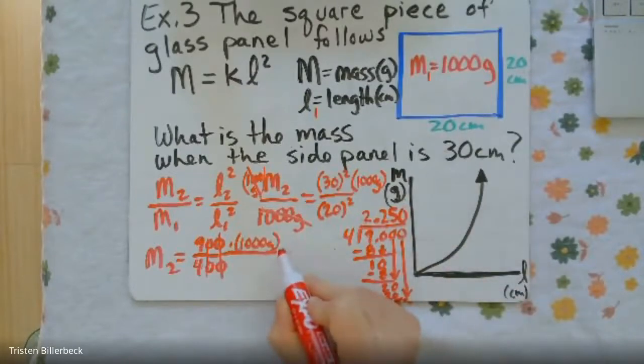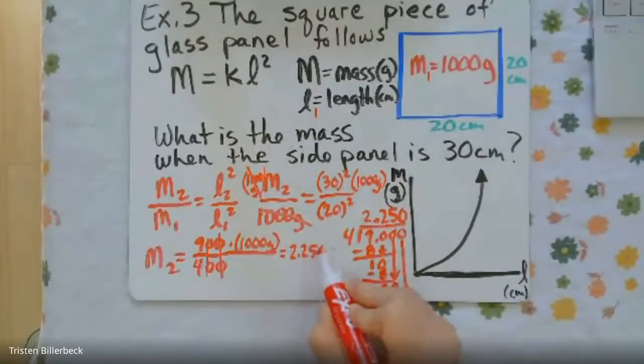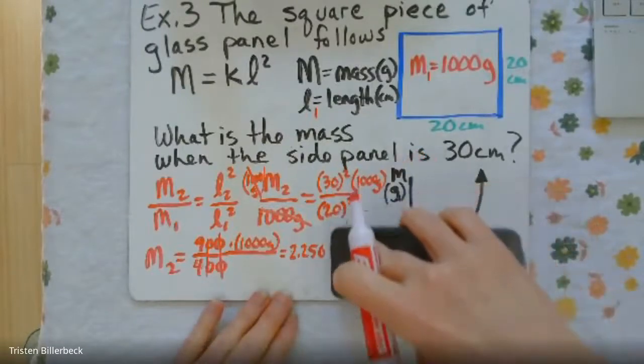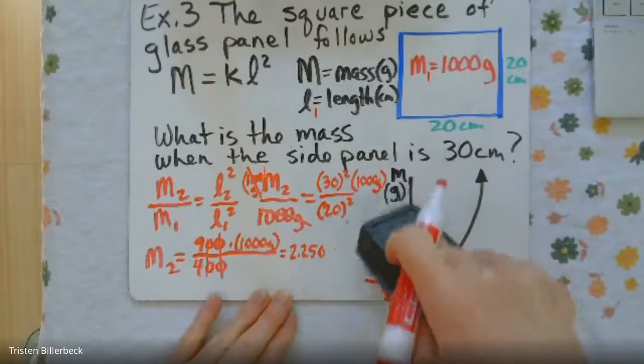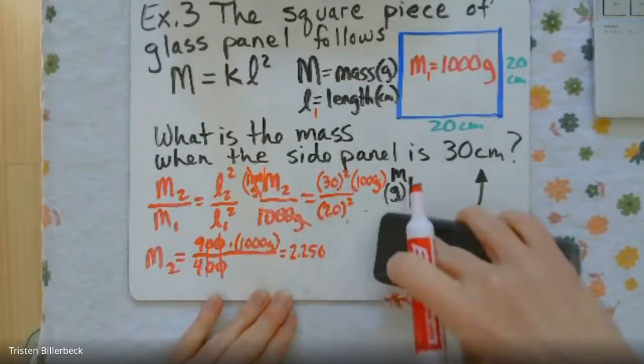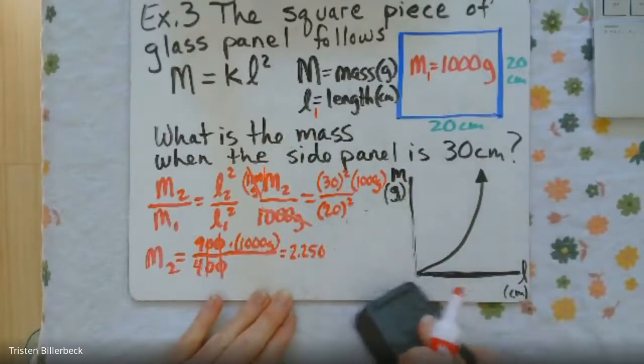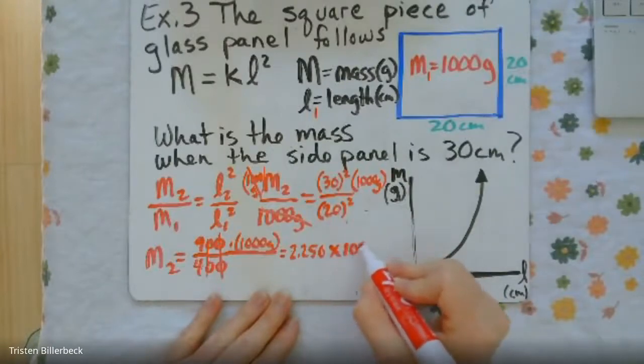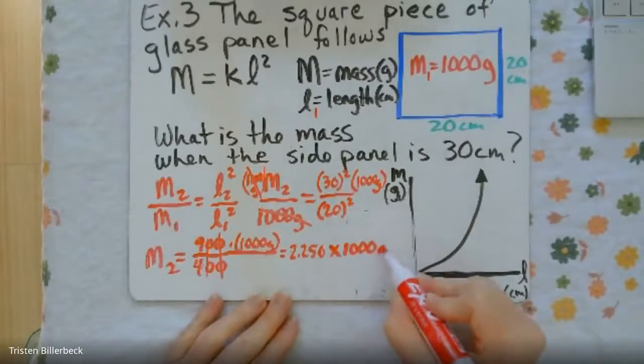Okay. So we have 2.250 times 1,000. I'm going to have to clear up my dry erase calculator here. Okay, times 1,000 grams.